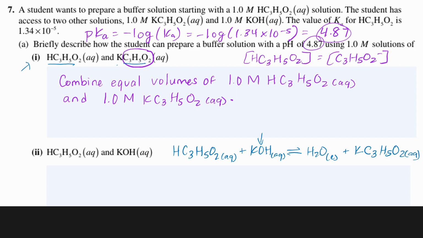We know KOH completely dissociates because it is a strong base, and potassium propanoate is going to dissociate because it's a salt, and having potassium in it tells us that it's soluble. So clearly our spectator ion is going to be potassium. Rewriting this as our net ionic equation, we're going to have HC3H5O2 plus hydroxide reacts to form water and propanoate.